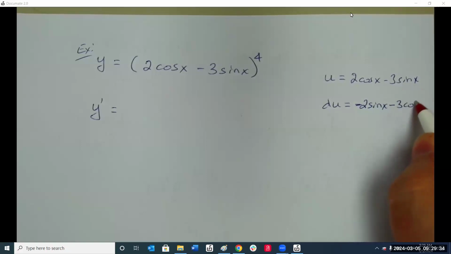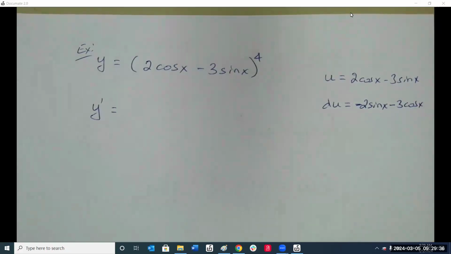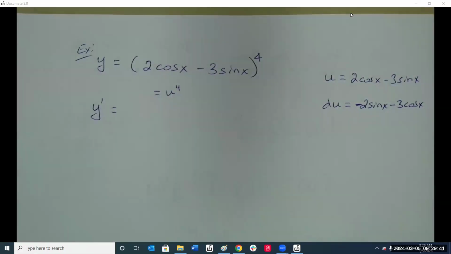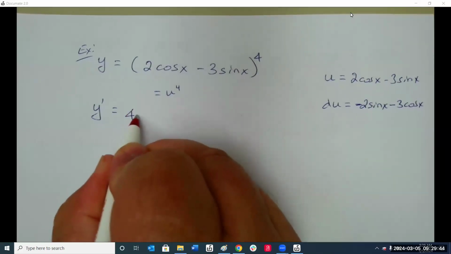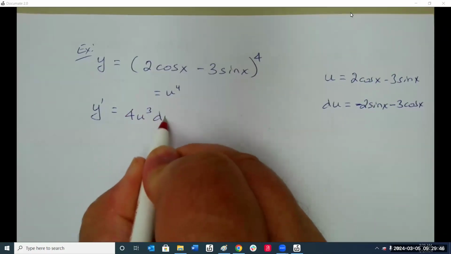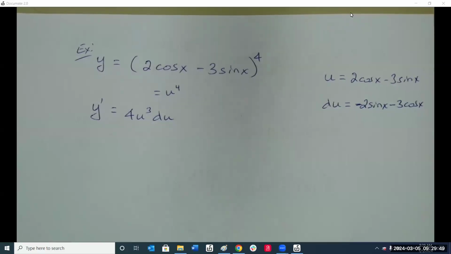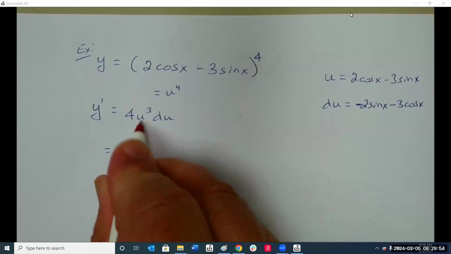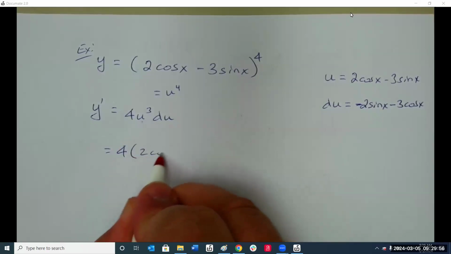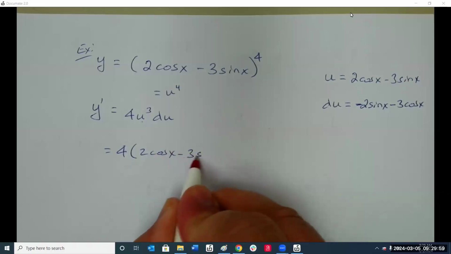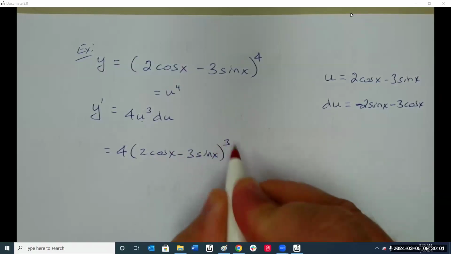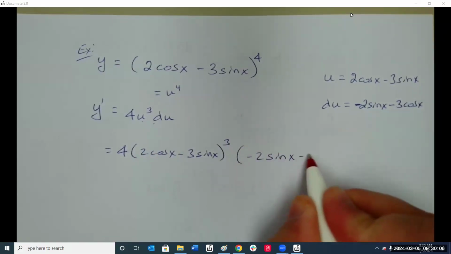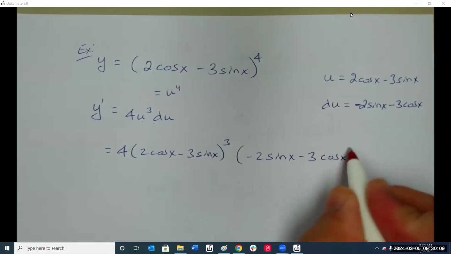Derivative of sine is cosine. So what we have here is u to the fourth. The derivative is 4u cubed du. So u is 2 cosine x minus 3 sine x to the power 3 times du. Negative 2 sine x minus 3 cosine x.